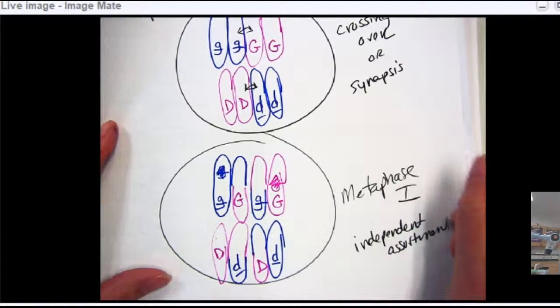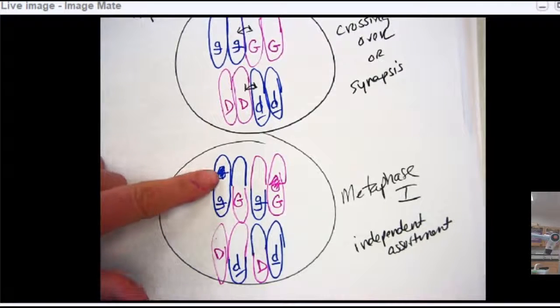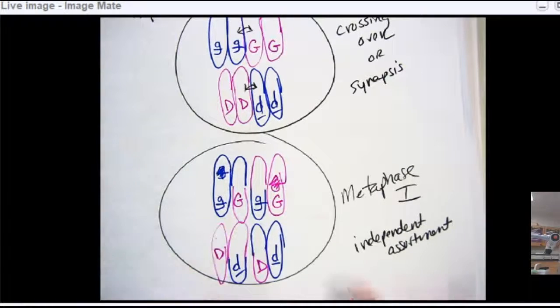Independent assortment means that I don't have all the paternal chromosomes on one side and all the maternals on the other. I have a mix. It's not like kindergarten when they said all the boys line up on the right, all the girls line up on the left. It's just everybody line up in 2 lines. We don't care how you assort yourself. Assort how you want. And that's what the chromosomes do. They assort randomly. Sometimes paternal are on one side, sometimes maternal are on the other.